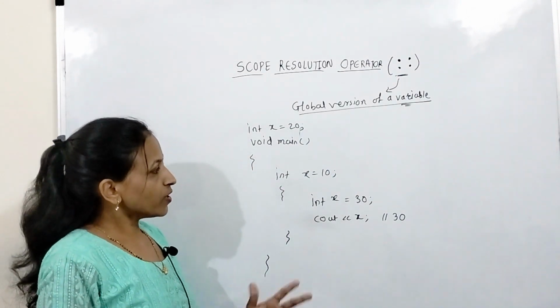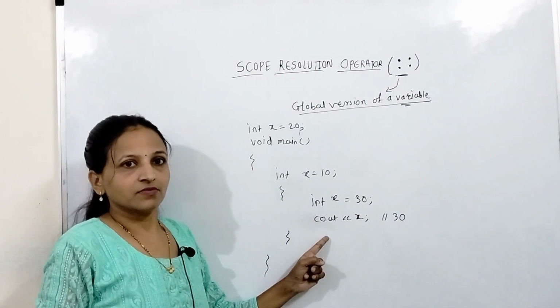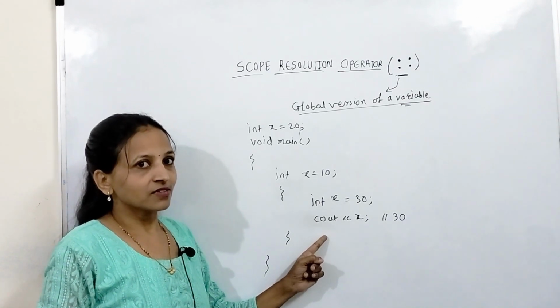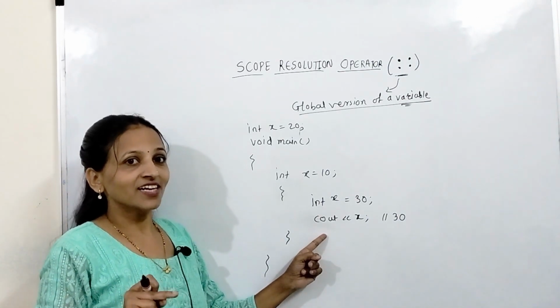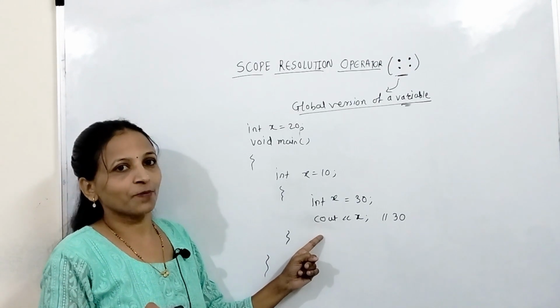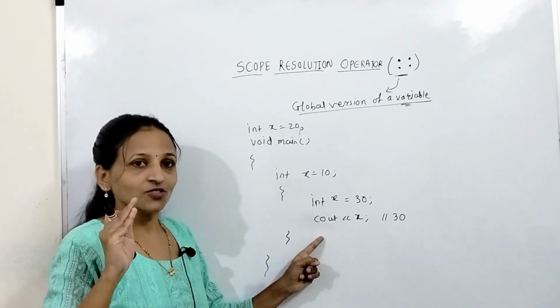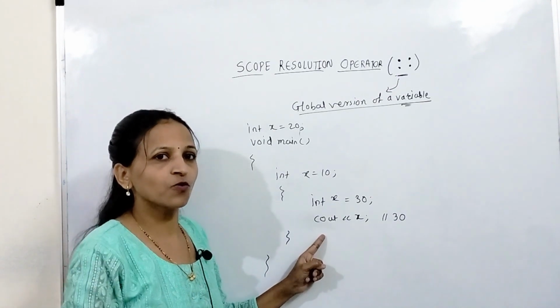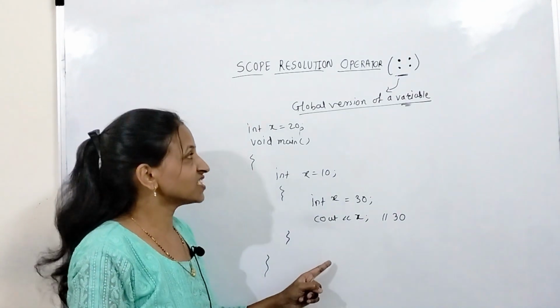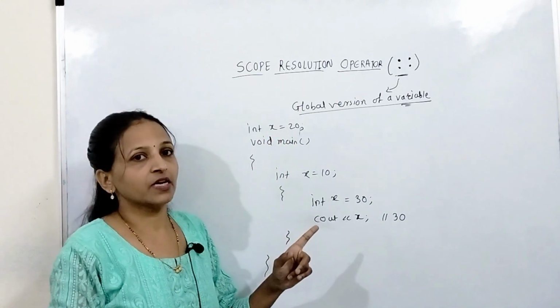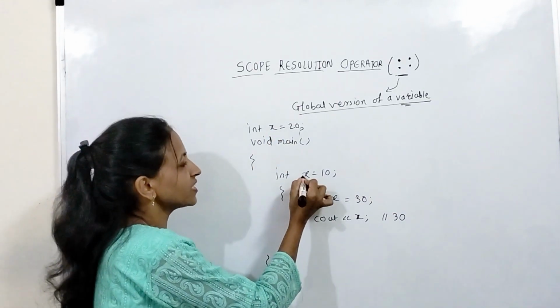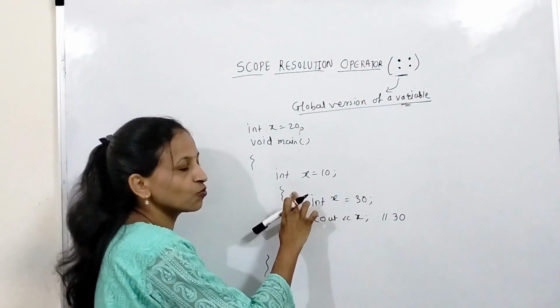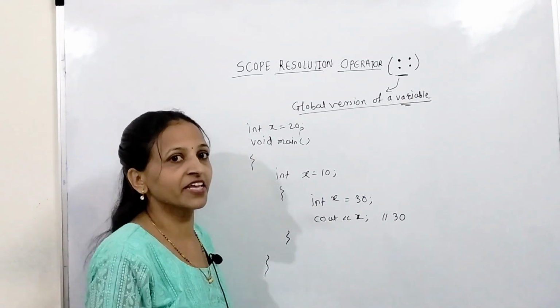Now if I want to access this x here, don't think we can use the scope resolution operator here. It is totally wrong. The scope resolution operator is only to access a global variable, not any local. This x is local to main, this x is local to the block; these are local variables.